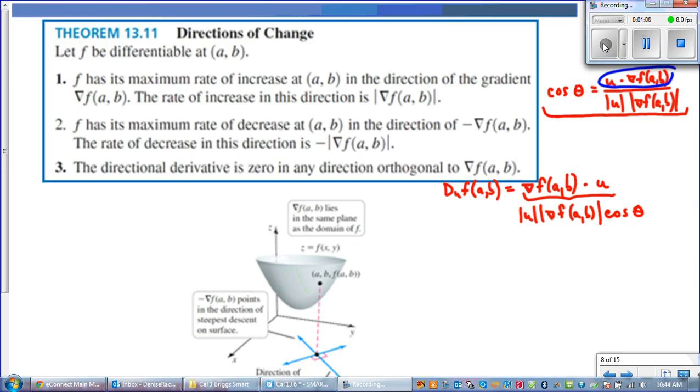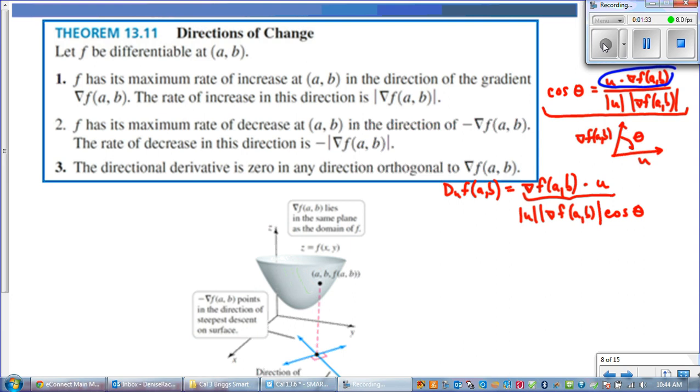Okay, so I want to find, if I've got a gradient and a vector u, which is given in the xy plane, the gradient's also a vector in the xy plane. So I want to find out how these two are related, the direction we're trying to move in and the gradient. And we're going to look at that angle between the two.